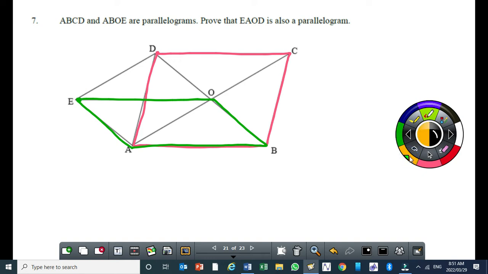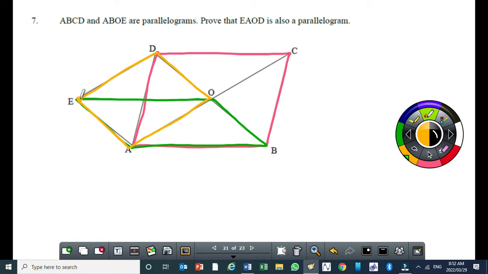I think that color will be better. So EAOD. So it will be this one here. So we need to prove that that part there is a parallelogram. The one in light brown.